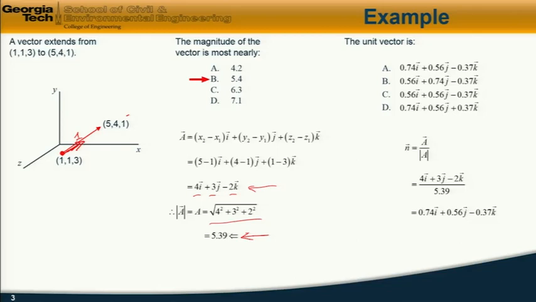So computing out those coefficients, we find that that is equal to 0.74i plus 0.56j minus 0.37k, and the answer is A. And you also might want to convince yourself, just add up the sum of the squares of those coefficients, take the square root of it, and convince yourself that the length or the magnitude of that vector is indeed 1.